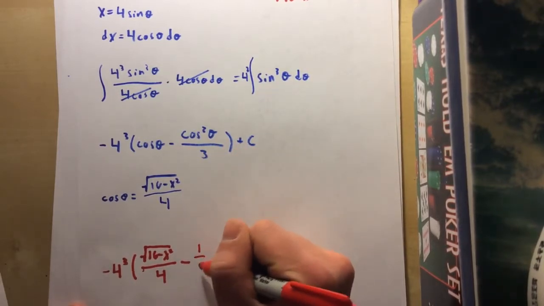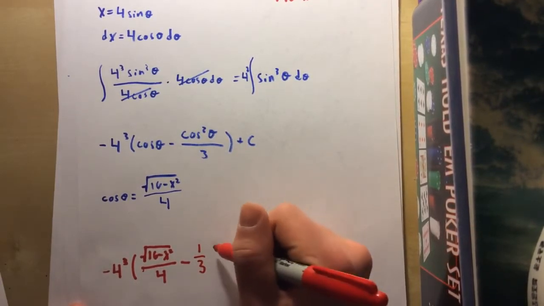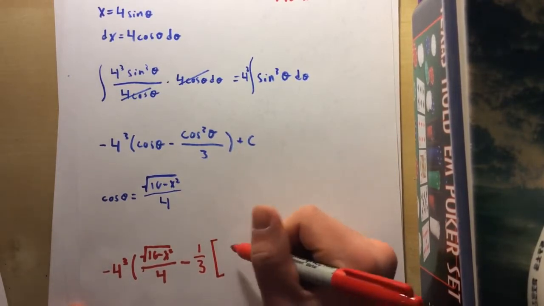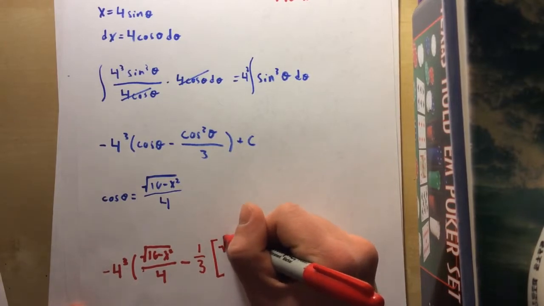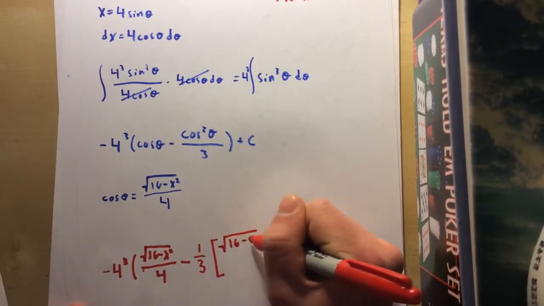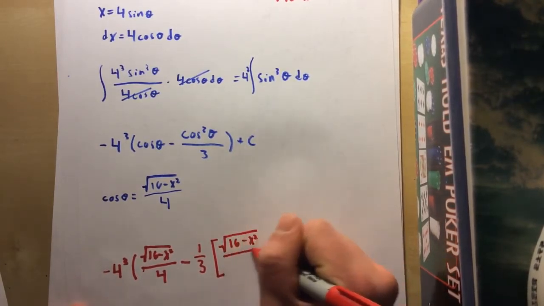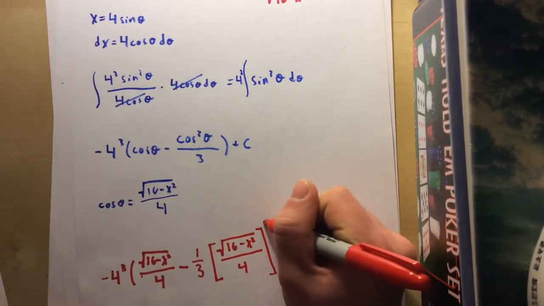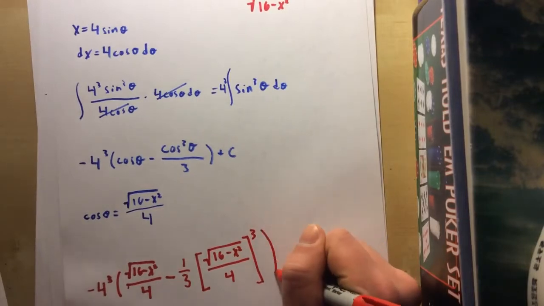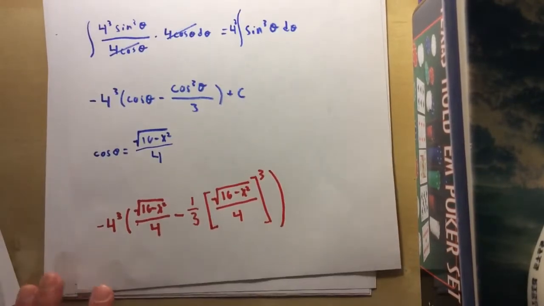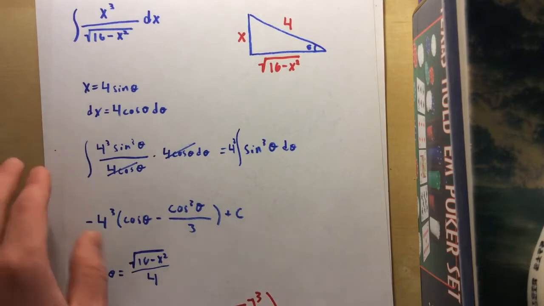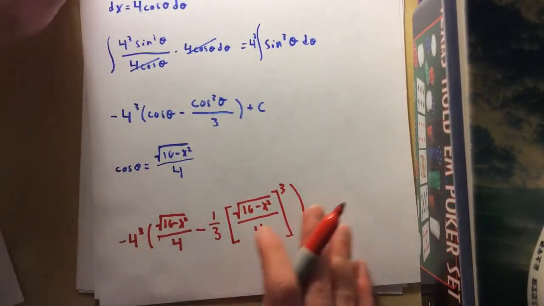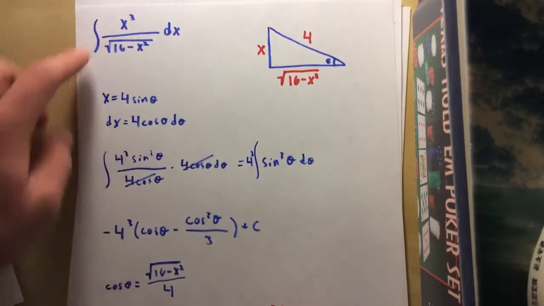I'm going to write that as 1/3, and then in brackets, cosine cubed is just going to be the square root of 16 minus x squared over 4, because that's cosine, and that needs to be cubed. And so there's a good example of how trig triangles can get really messy, but we did get a final answer for this integral.